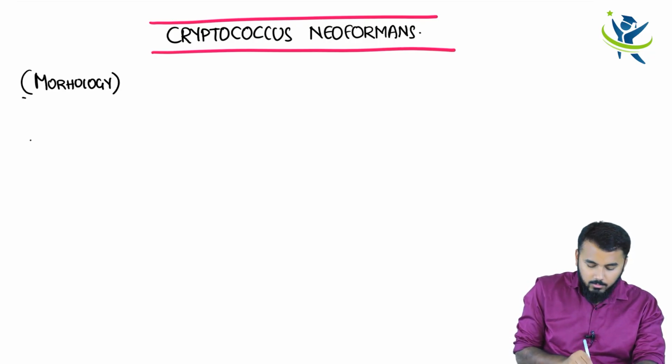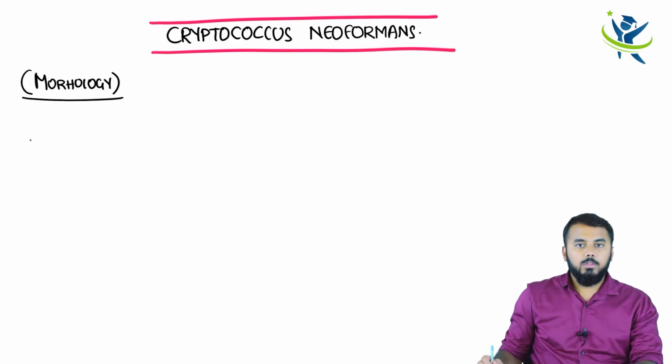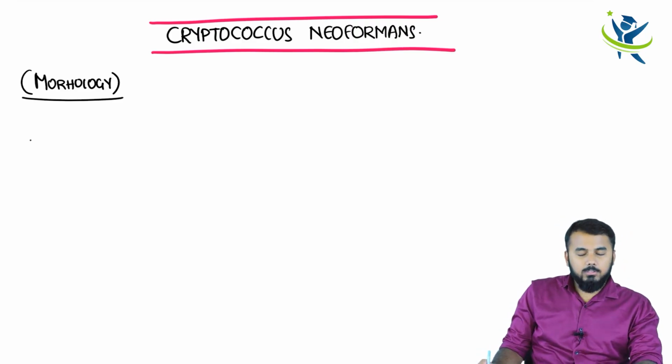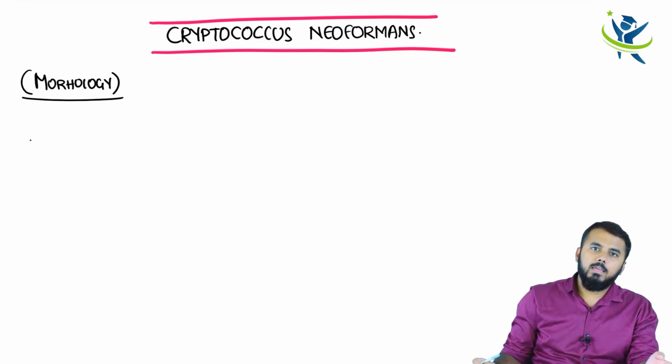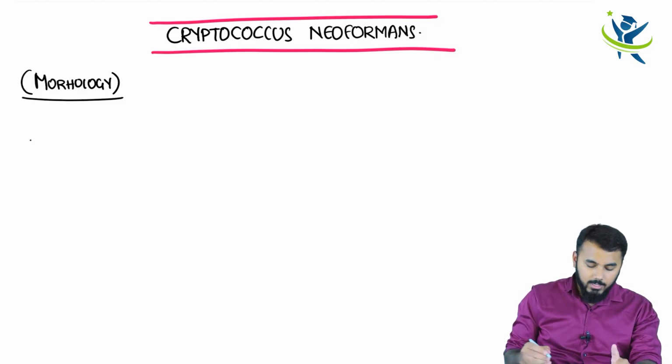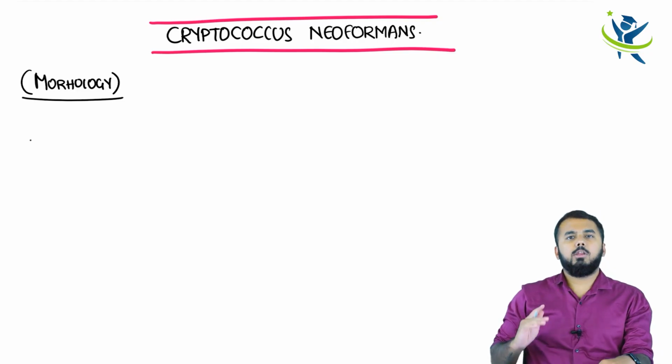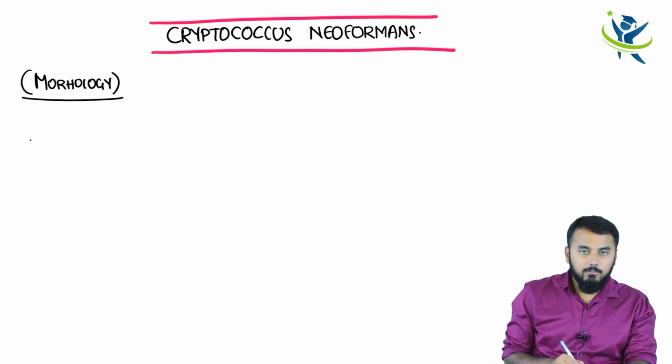Now when we discuss the morphology, you have to know that this fungus exists only in a single form, the yeast form, whereas the remaining fungi exist in both yeast as well as budding form. But this fungus exists only in one form. That is why you call it a non-dimorphic fungus. It does not have two faces.